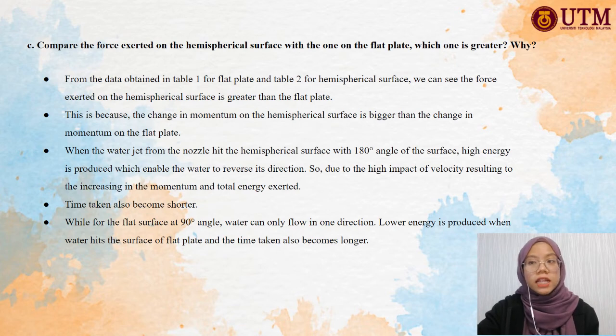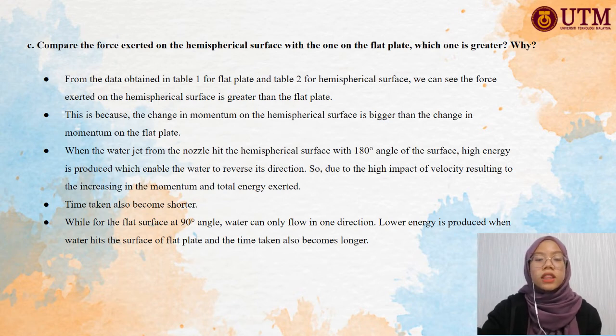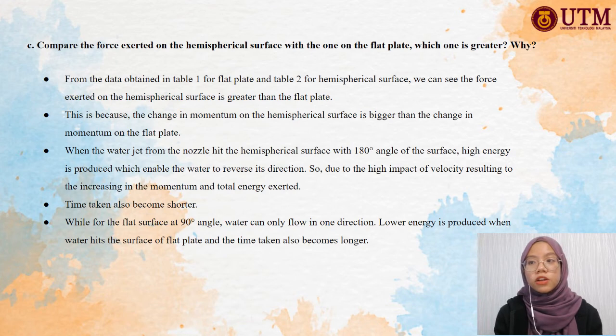This is because the change in momentum of the hemispherical surface is bigger than the change in momentum of the flat plate. When the water jet from the nozzle hits the hemispherical surface with a 180 degree angle, higher energy is produced, which enables the water to reverse its direction.